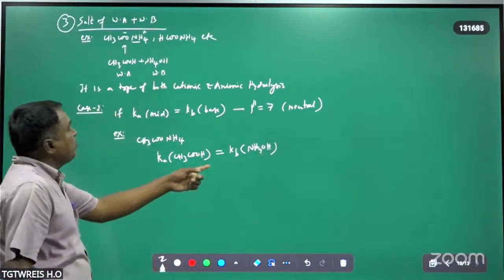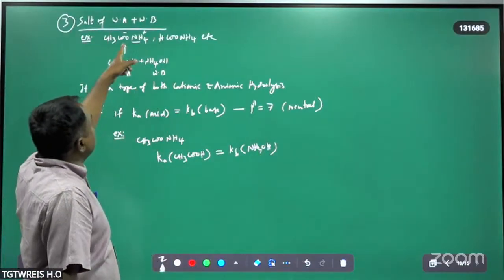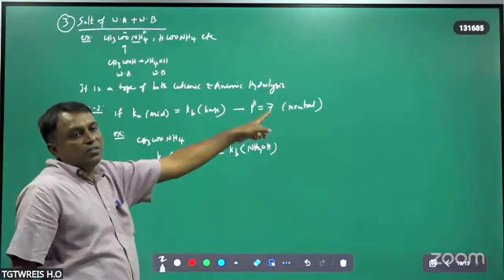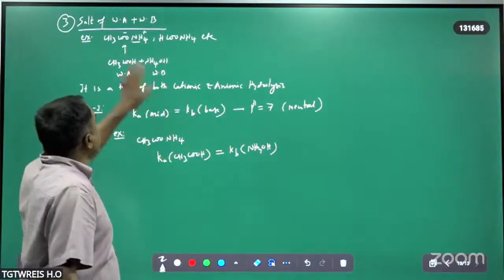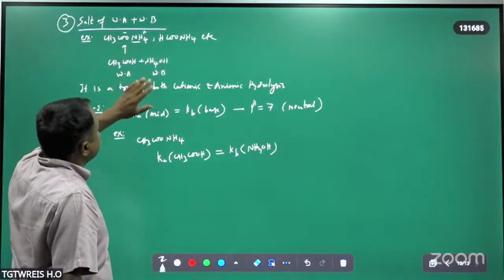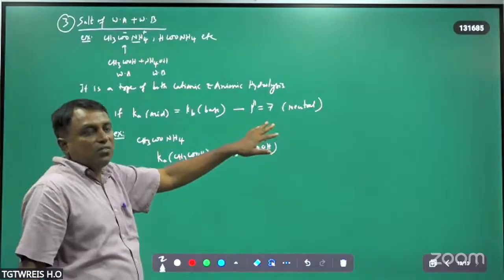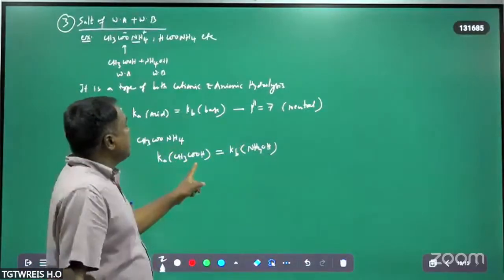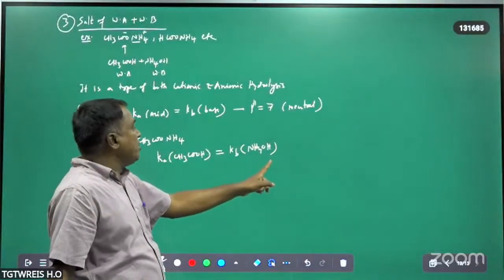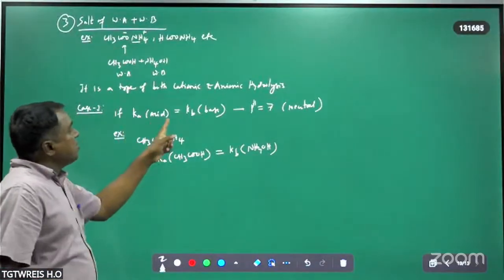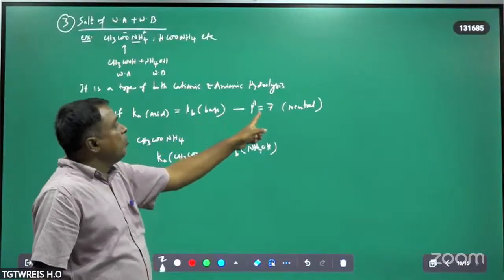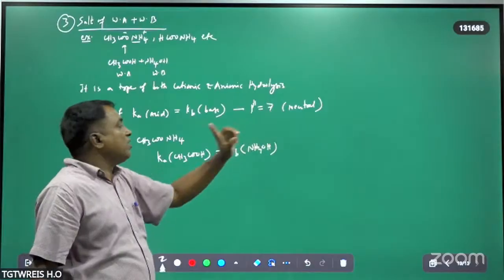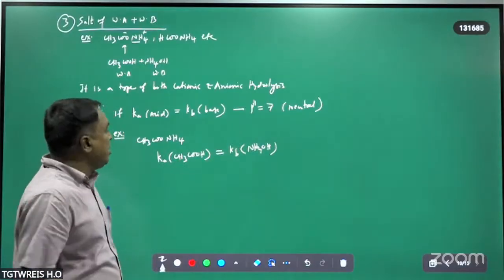Therefore, this salt upon hydrolysis has pH equal to 7, that is neutral. If Ka of acid is equal to Kb of base, the solution will be neutral, because the pH is exactly 7. Example: CH3COONH4.